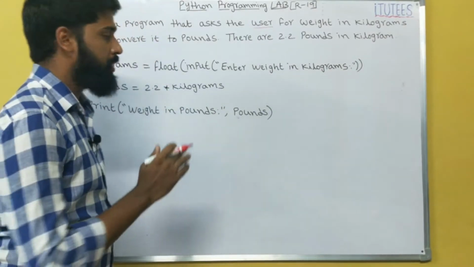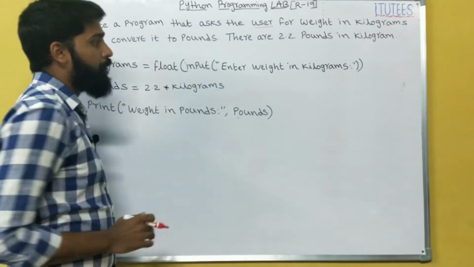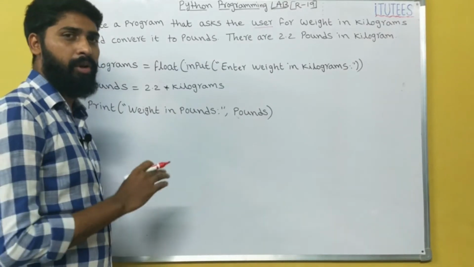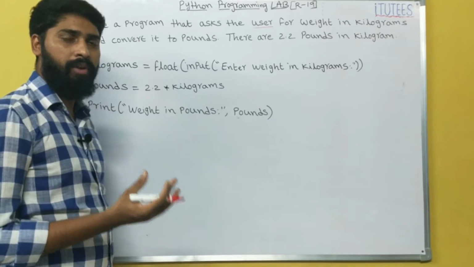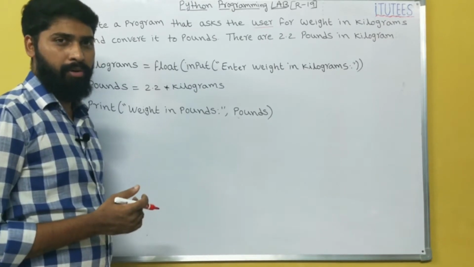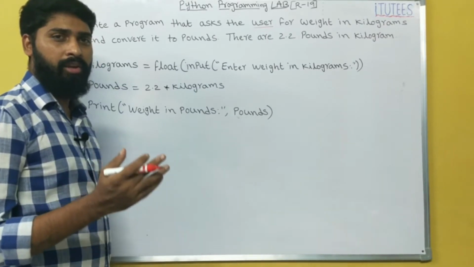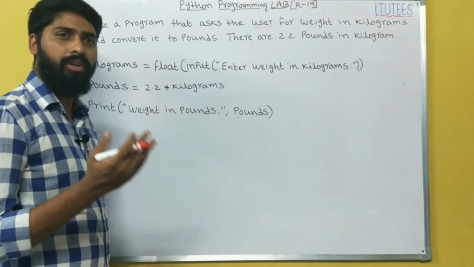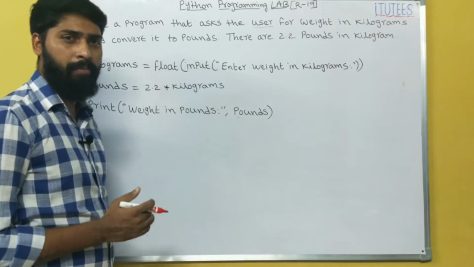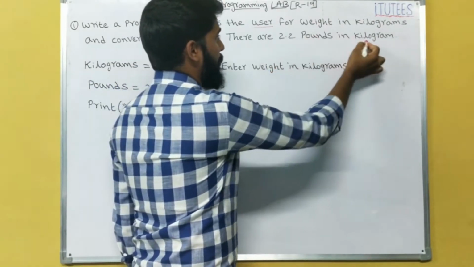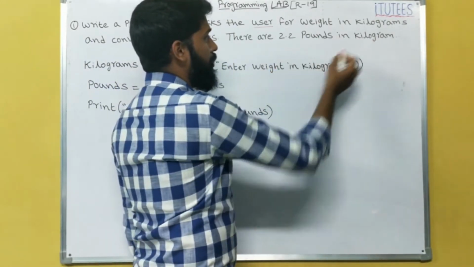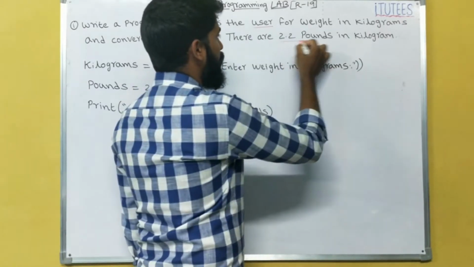So what is the problem definition? The problem is you are going to read one floating number from the keyboard, which is the value of kilograms. Now we are going to convert that kilogram into pounds. For this they are giving the formula: 1 kilogram equals 2.2 pounds.